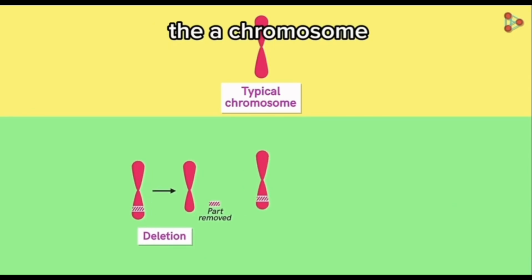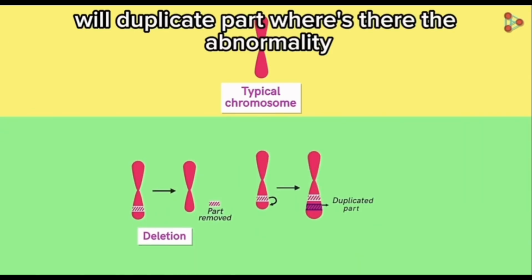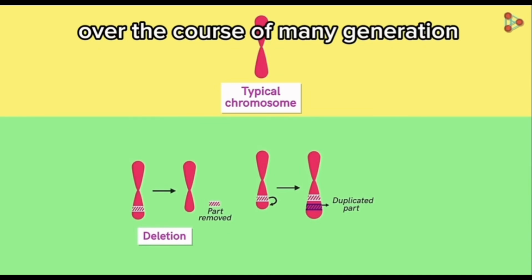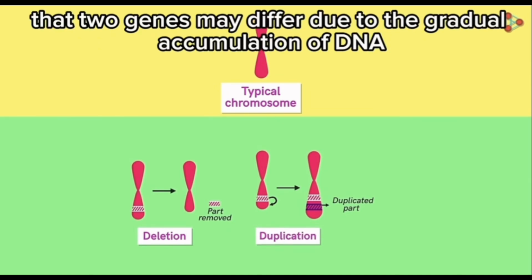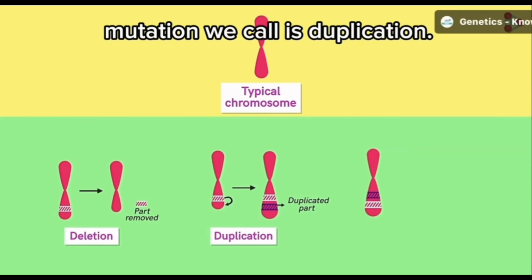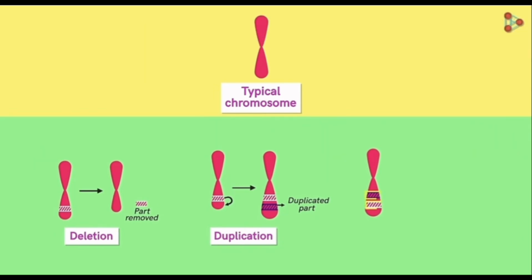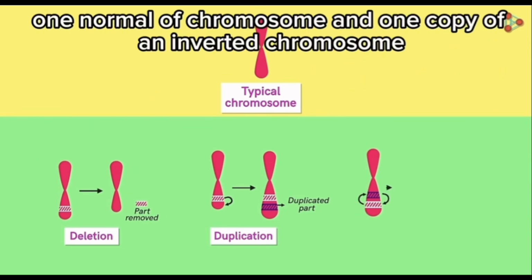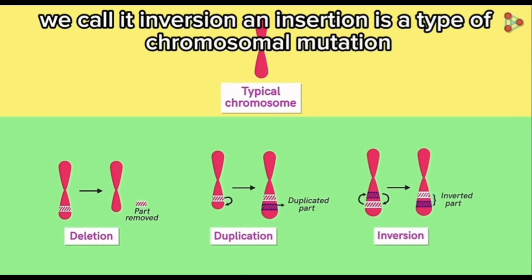Duplication is where abnormal genetic events cause a gene duplication over the course of many generations. Two genes may differ due to the gradual accumulation of DNA mutation, which will cause duplication. One copy of a normal chromosome and one copy of an inverted chromosome is called inversion.